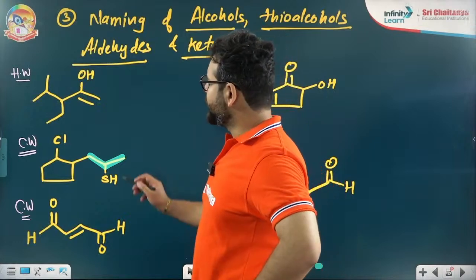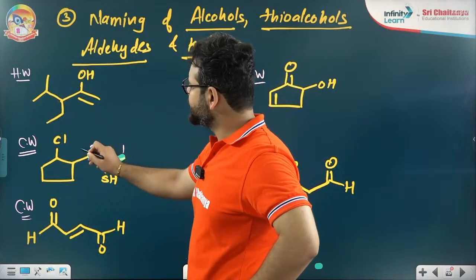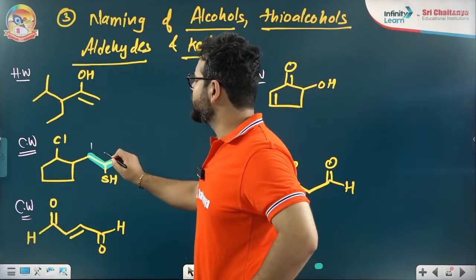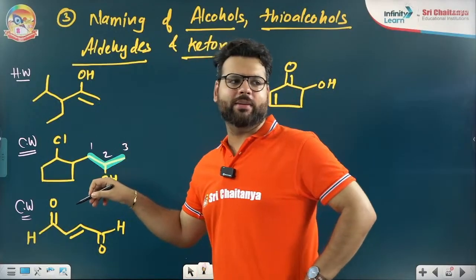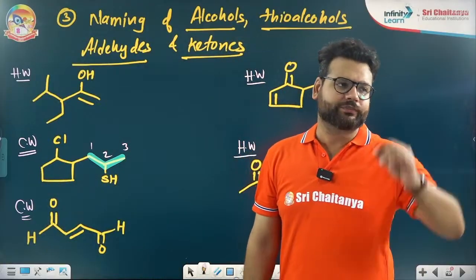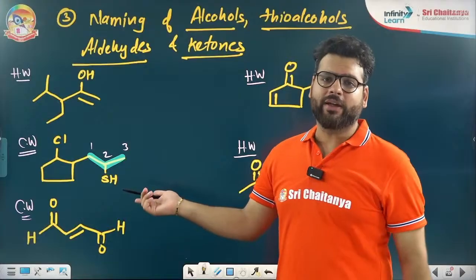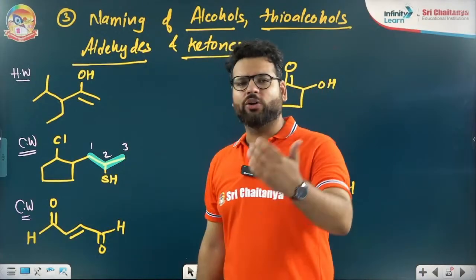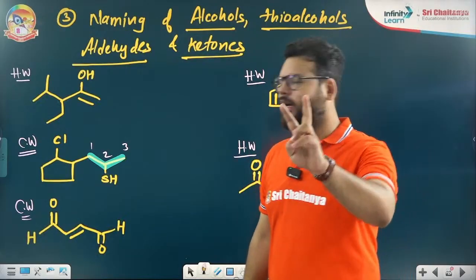Okay. Numbering can be done 1, 2, 3 like this, but here SH gets the second number. Numbering can be done 1, 2, 3 like this. SH gets the second number and another alkyl gets the first number. So this is the better way, lowest locant rule. So it's a propane-2-thiol.